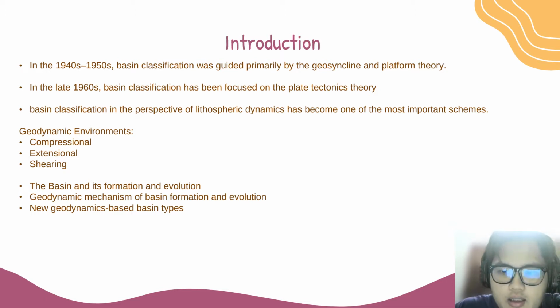Other than that, I will discuss the basin and its formation and evolution, the geodynamic mechanism of basin formation and evolution, and last but not least, new geodynamic basin types.